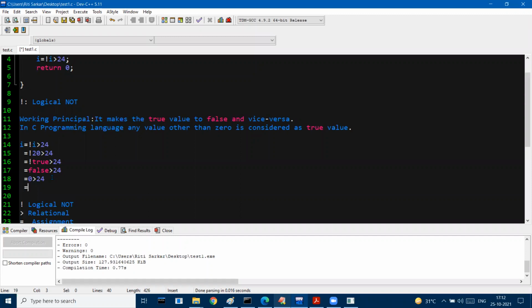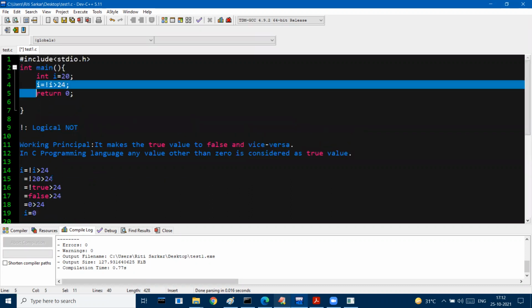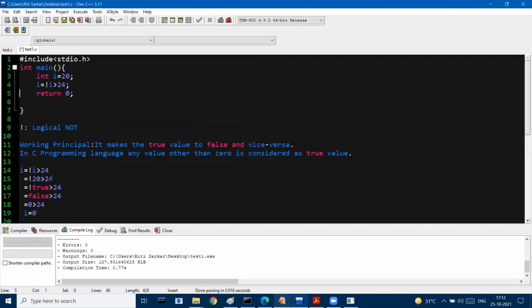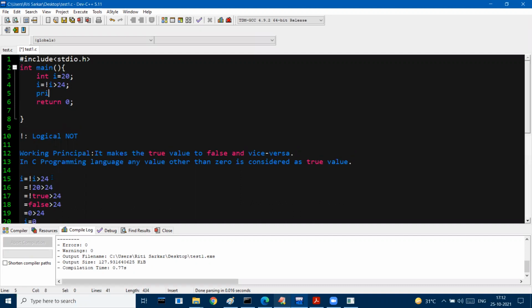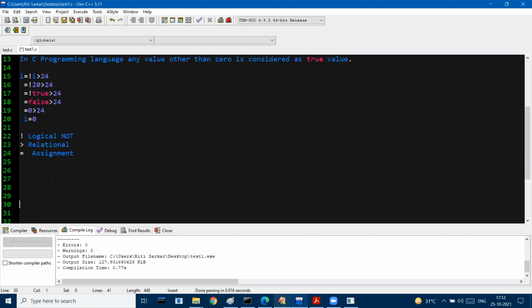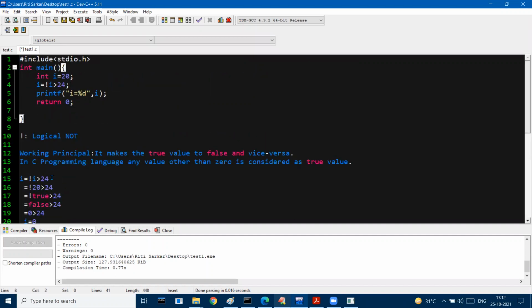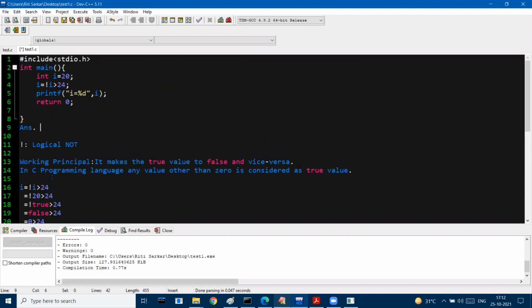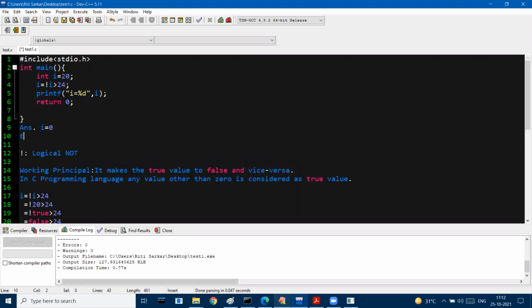That means the answer is 0. This 0 will be given back to I. So at the end of this line, if I print I with printf, I is equal to %d, what value will be printed? The value of I should be printed as 0. So the answer is I is equal to 0.